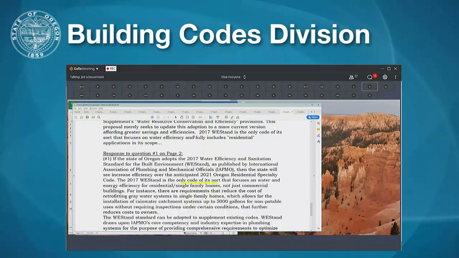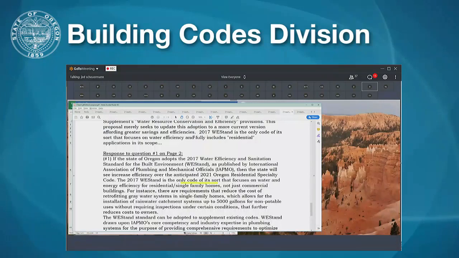Yes. Okay. Thank you for this opportunity. By way of background, the 2011 Oregon REACH Code incorporated the water conservation provisions that were in our old Green Plumbing and Mechanical Code supplement. Those were advanced and cutting edge at the time.